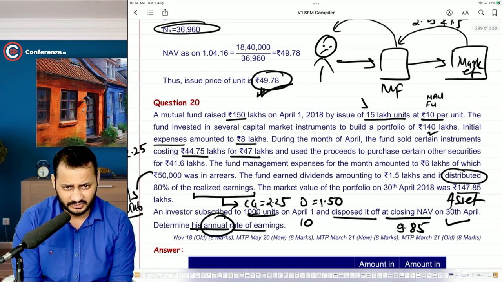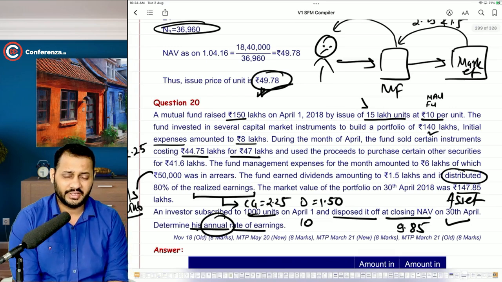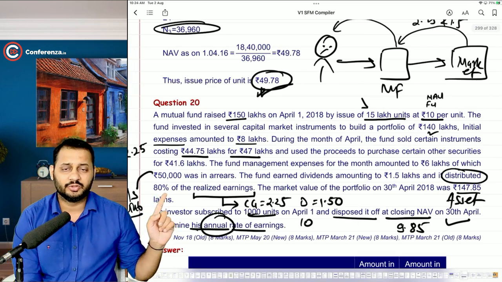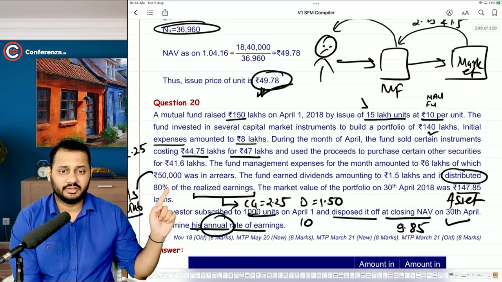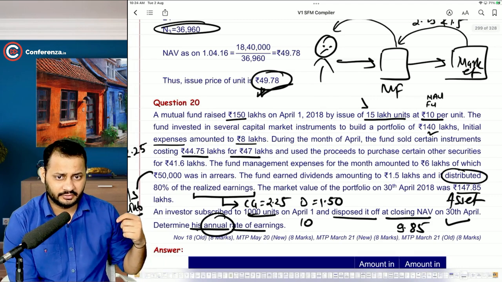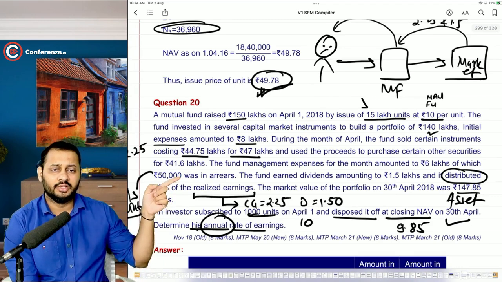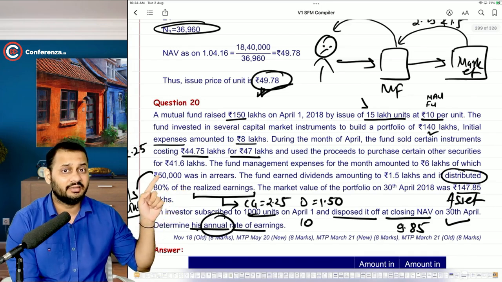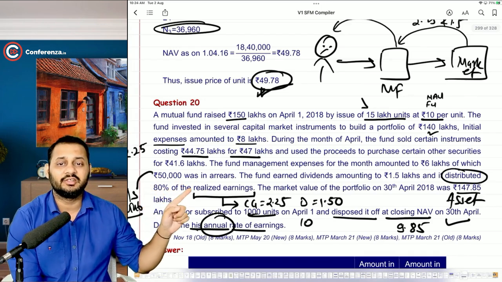Another small mistake that can happen in this question is that when the question says that 80% of the realized earnings are distributed, most of the students will only take the dividend, because just before this particular statement the dividend details were given. The fund earned dividend amounting to 1.5 lakhs, and it distributed 80% of the realized earning. They didn't say 80% of the dividend.